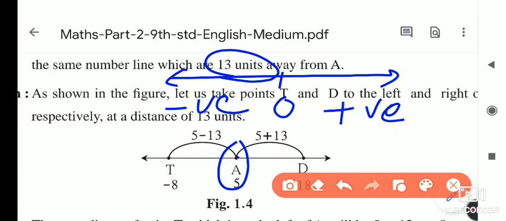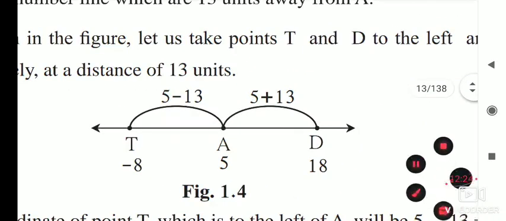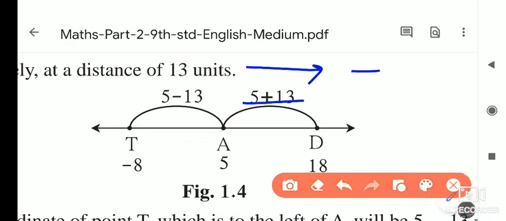So here we have to do A's coordinate minus 13, and if you move towards the right side, then we have to add the 13 units. So on this side there are positive coordinates, and on this side negative coordinates.